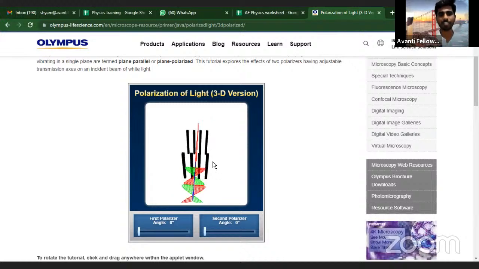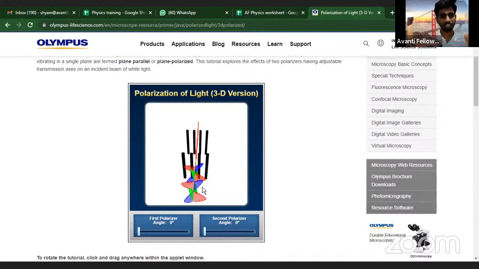Actually here electromagnetic waves are emitting from the source in all directions. But here there is something like slits, which we call a polarizer.